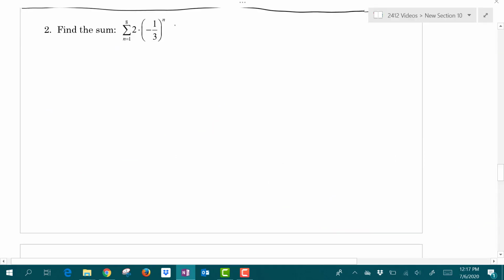Okay, to do that, let's go ahead and find the terms of the sequence. I'm going to find, I think, the first 4, and we'll see how it goes. So n equals 1 to find the first term of the sequence. And then I'm going to set n equal to 2 to find the second term of the sequence.